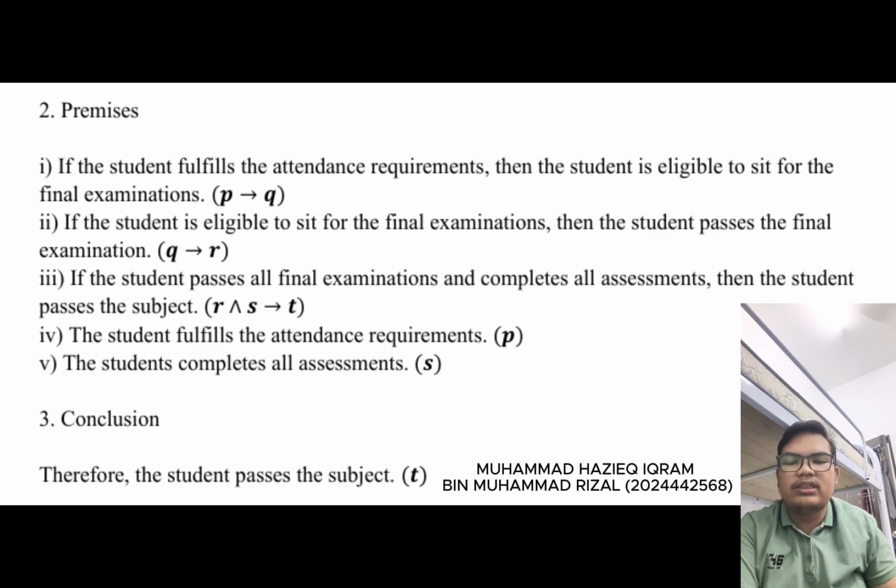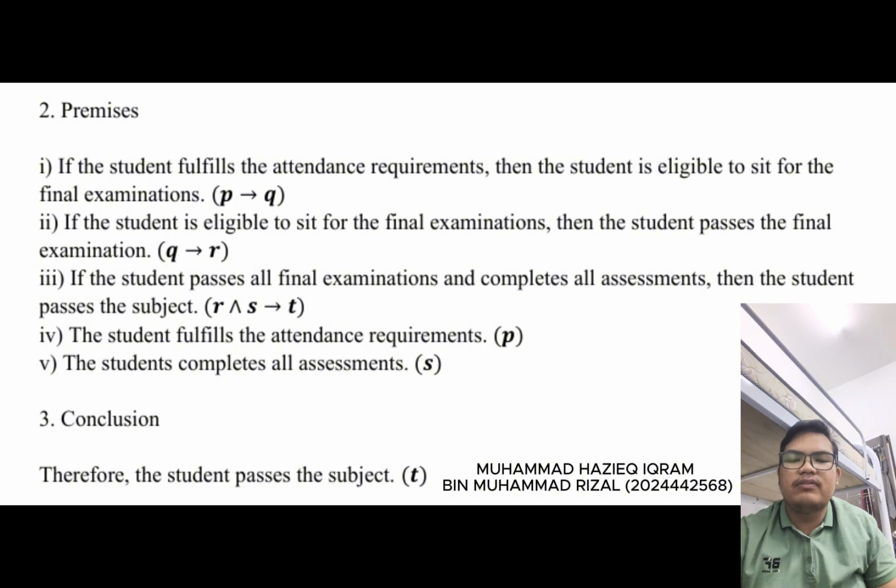Next is premise 3, which combines two conditions. If the student passes the exam and completes all assessments, which is R and S, then they pass the subject, which is T. We write this as if R and S, then T. And then finally, we have two facts for this specific student.